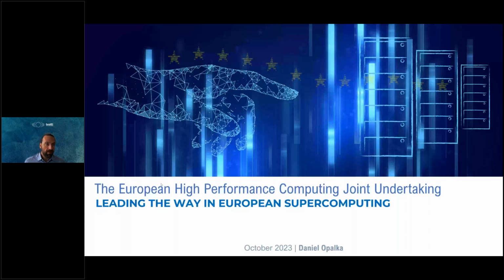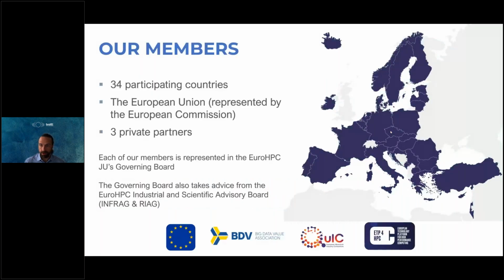First of all, I don't have to introduce the EuroHPC joint undertaking to you, as you are our private partners in these activities, but just a short update. This is the current composition of the European High Performance Computing Joint Undertaking. These are our public and private members. First of all, the European Union, represented by the European Commission, and 3 private partners, where ETP4HPC obviously is one of them.